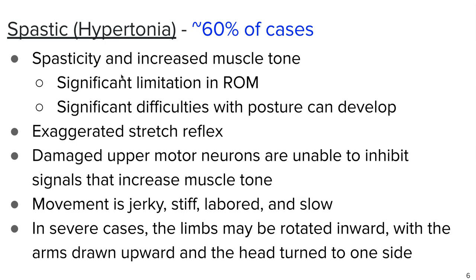So as the muscles try to move, they're going to then try to go back to where they were, sometimes with a spasm. We're going to have damaged upper motor neurons unable to inhibit signals that increase that muscle tension. Movement's going to be jerky, stiff, labored, and slow.